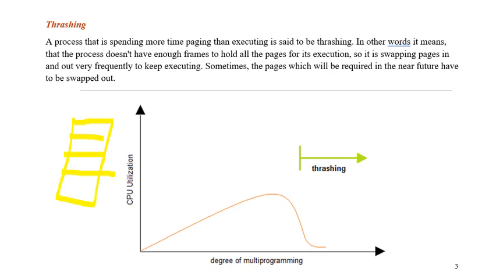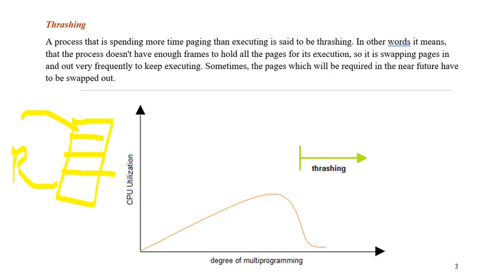So what happens is that we will be performing swapping. If a new page arrives, any one of the pages within the frames will be swapped out, and the new page will be swapped into the frame. This is how execution normally happens, but sometimes the pages that were swapped out are required again in the near future.